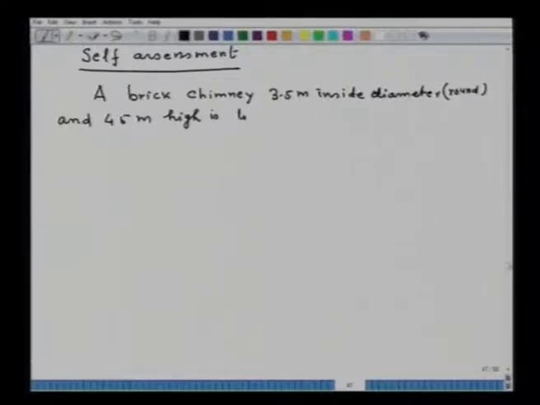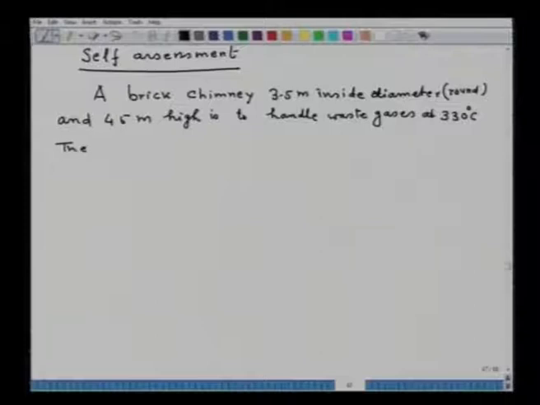is to handle waste gases at 330 degrees Celsius.